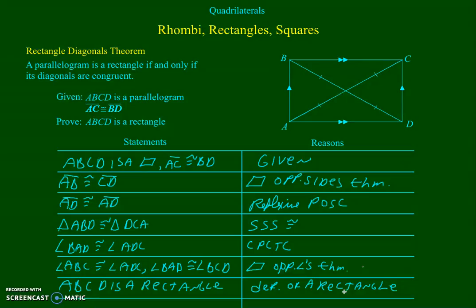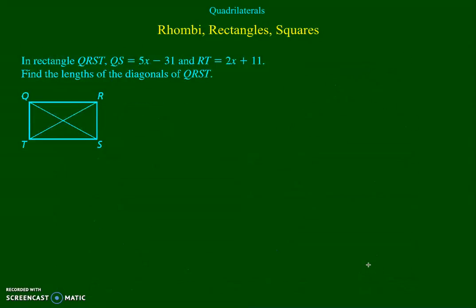Before we move on, let's go ahead and work a quick example. In this example, we have a rectangle QRST. It tells us that QS, one of the diagonals, is 5x minus 31, and RT is 2x plus 11. So based on what we just talked about, in a rectangle, the diagonals are congruent. So let's go ahead and write our equation.